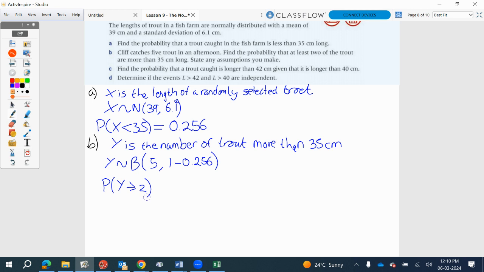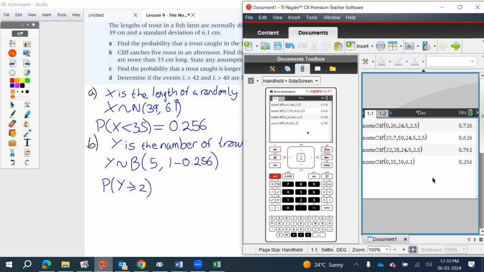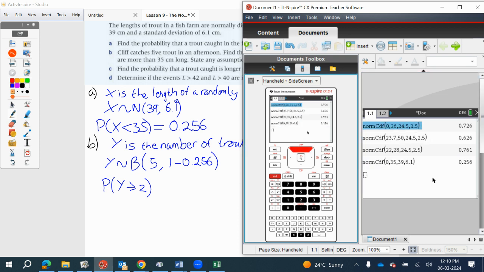All right, have a go at calculating that for yourself now. If you want to get the exact value, this 0.256 is a rounded value. I can scroll up or down to this point. Watch how I do this on the calculator.